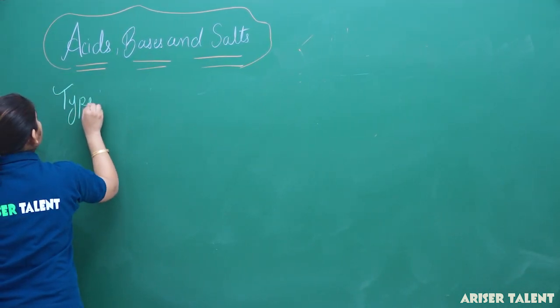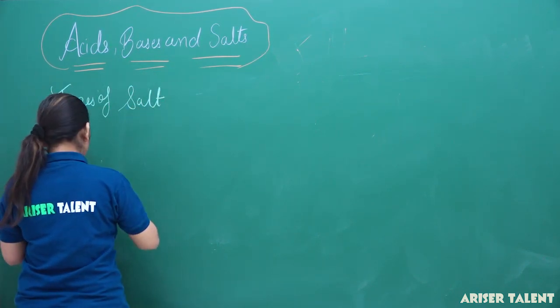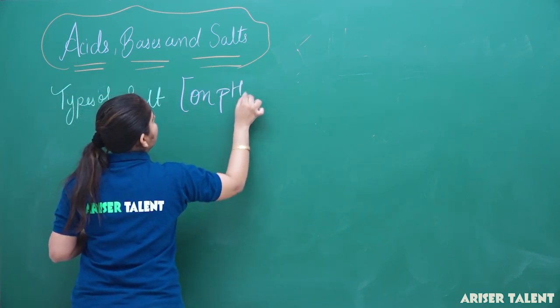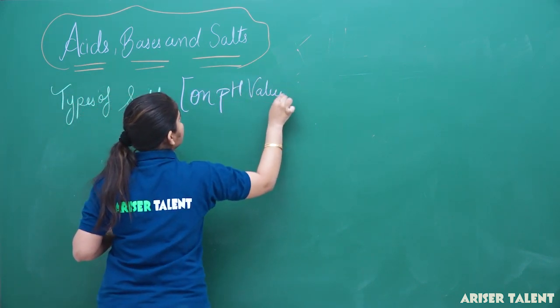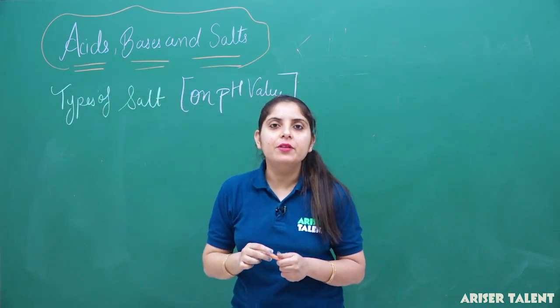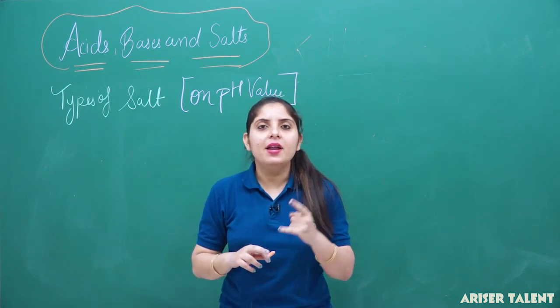We have types of salt depending on pH value. So depending upon the pH value, again we have three categories of the salt, that is the neutral one, acidic one and the basic one.